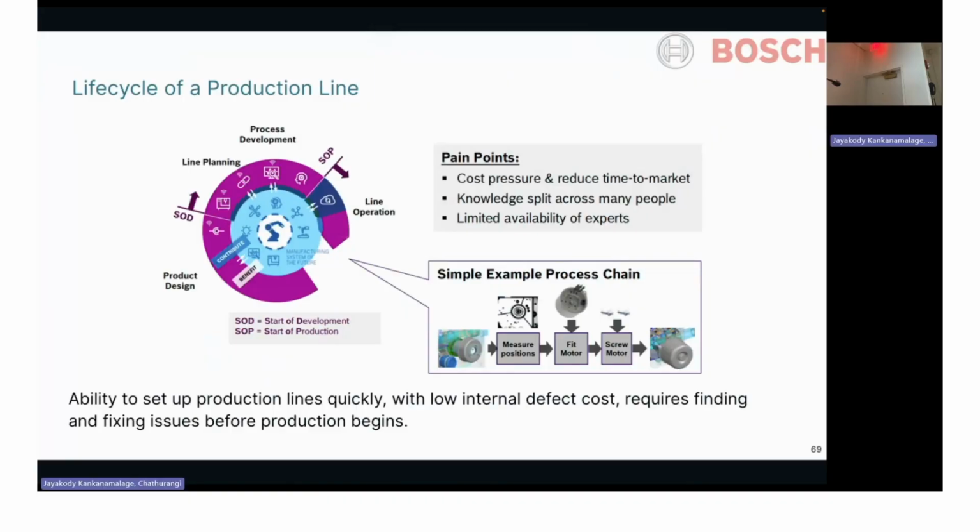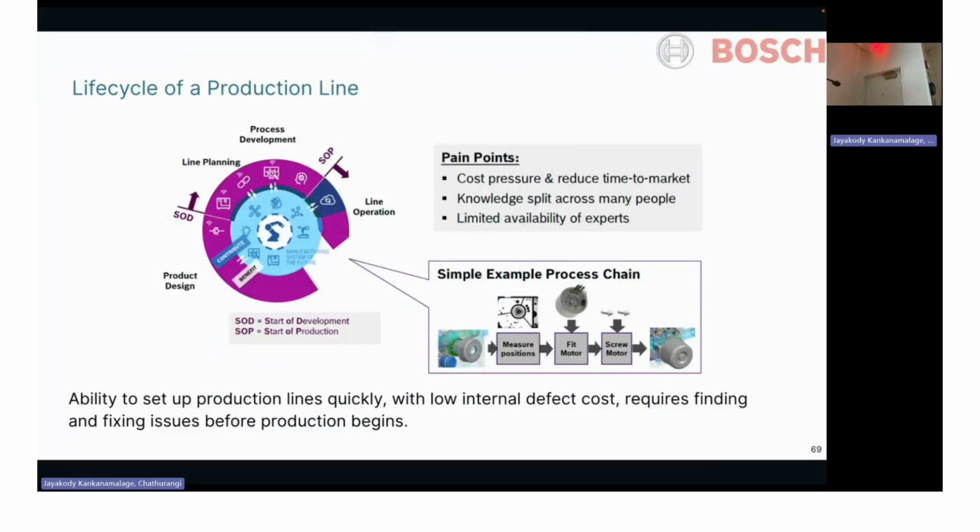But for this talk, what I'm particularly interested in is the point between the start of development over here, basically after the product's been designed, to the start of production. This is where we can ramp up and start producing things for the mass market. We want to get from the start of development to the start of production as quickly as possible, and we want to lower what's called the internal defect cost. Malfunctions happen, and this costs us money. We want to lower that as much as possible.